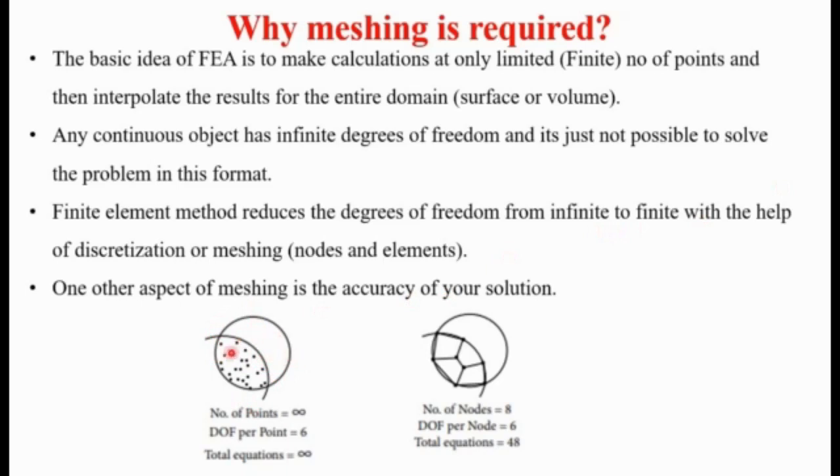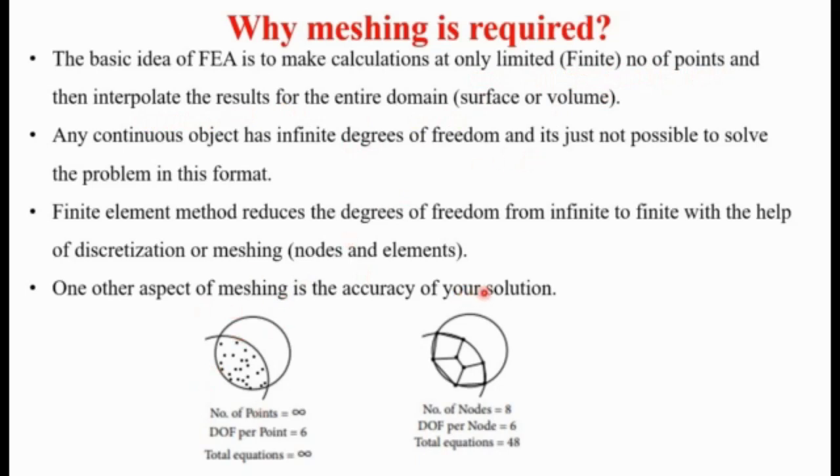That is called discretization, and these small pieces are called elements. So we divide this object into a finite number of points, find the results for these limited points, and interpolate the results for the entire domain or the surface.